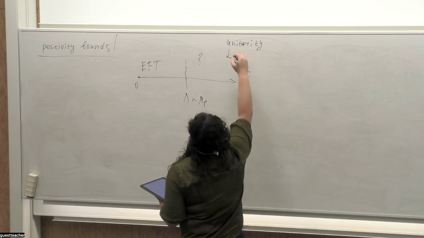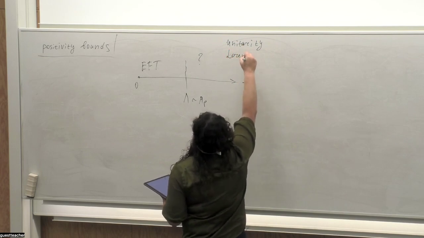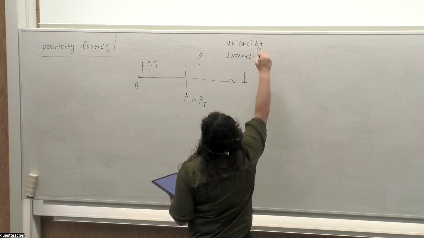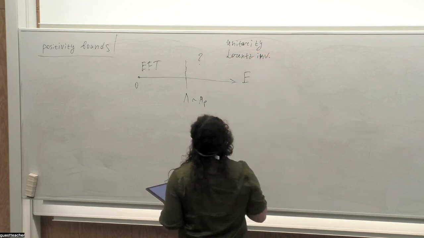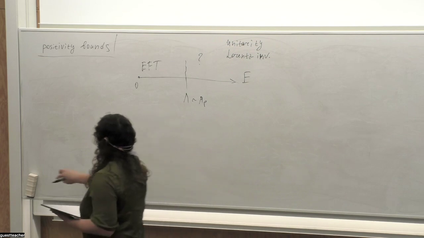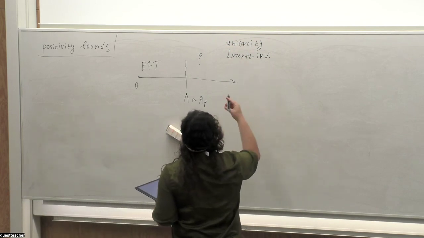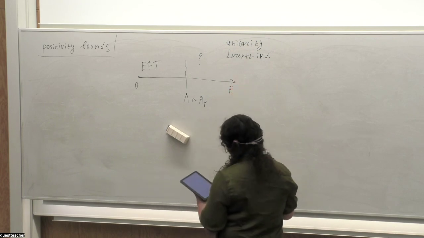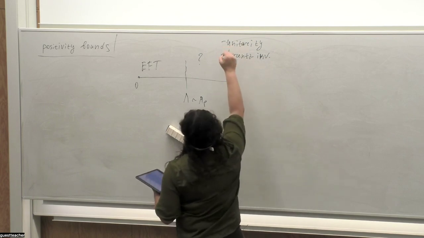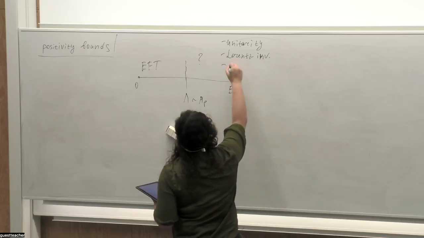We require Lorentz invariance, to avoid theories breaking Lorentz invariance. Then the other requirement is causality.